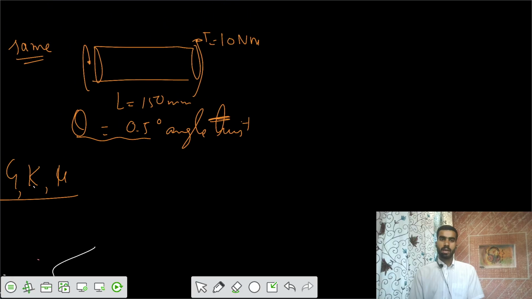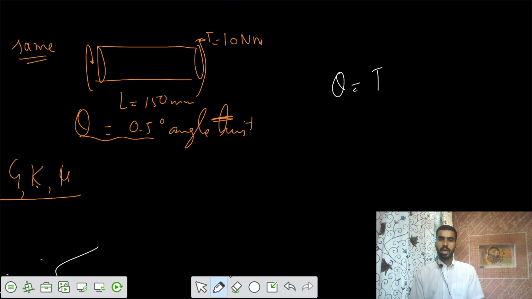Similarly, from the second part, we have theta equals to TL by GJ. Angle of twist is a function of length into T by GJ. So if I write that, I would say 0.5. I have to keep it in terms of radians.